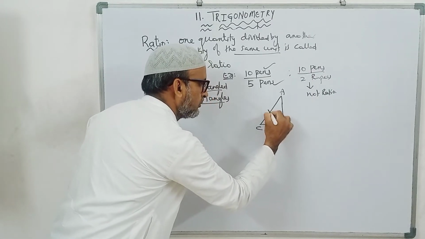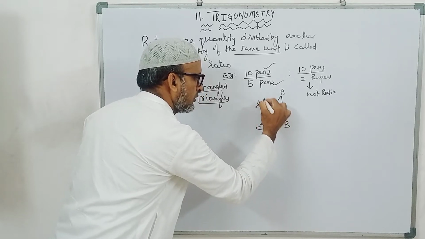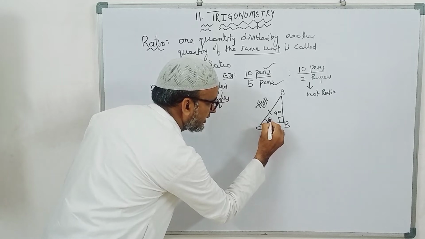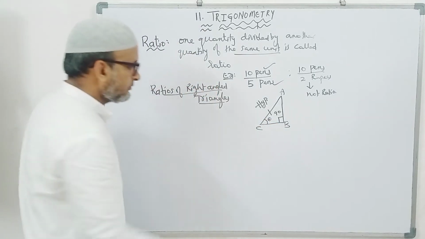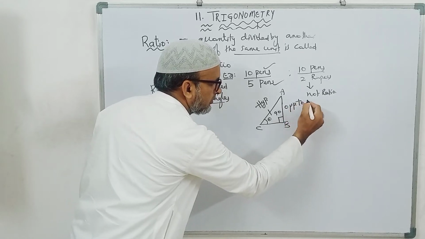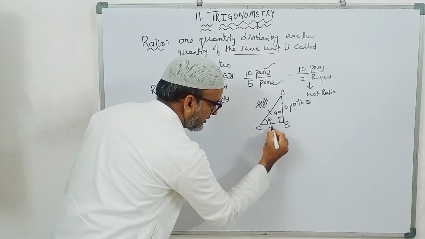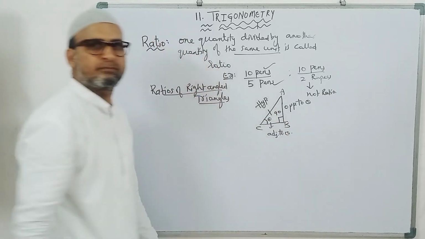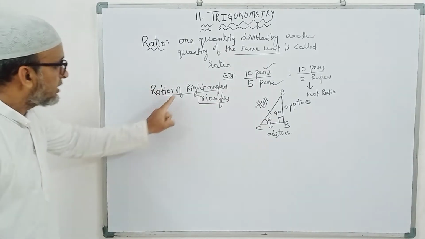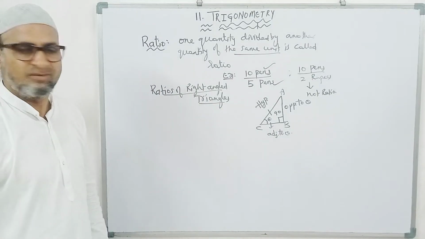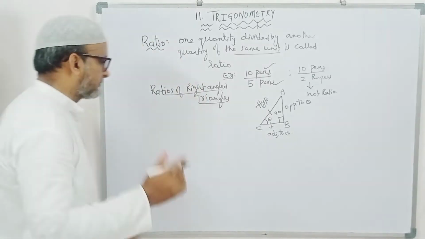I told you, hypotenuse. Here the angle is forming. I am taking this one as theta. This is opposite to theta. This is touching this one, adjacent to theta. Now ratios. From this triangle also you can find some ratios. What are they? In order I am taking.